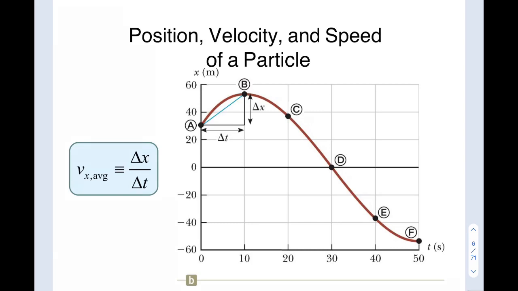If you are considering only two points, the initial and final points, you are talking about the average velocity of the object.